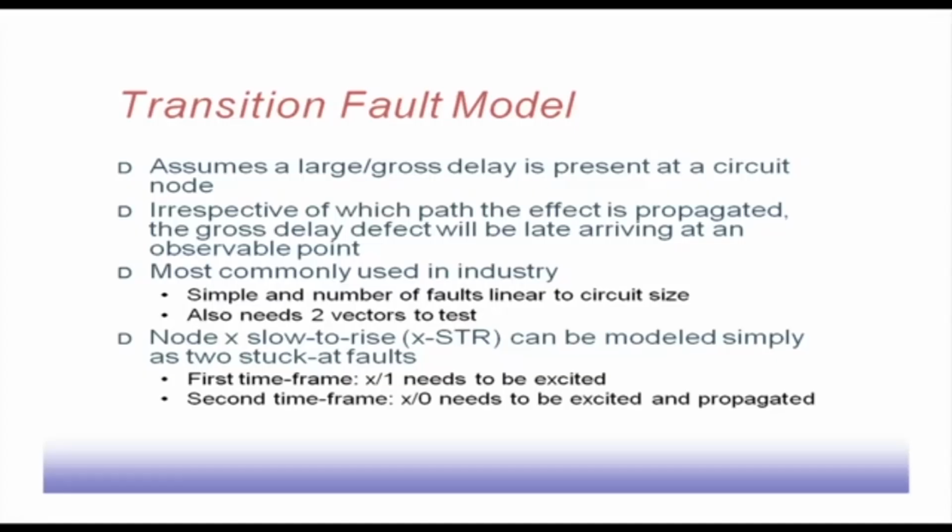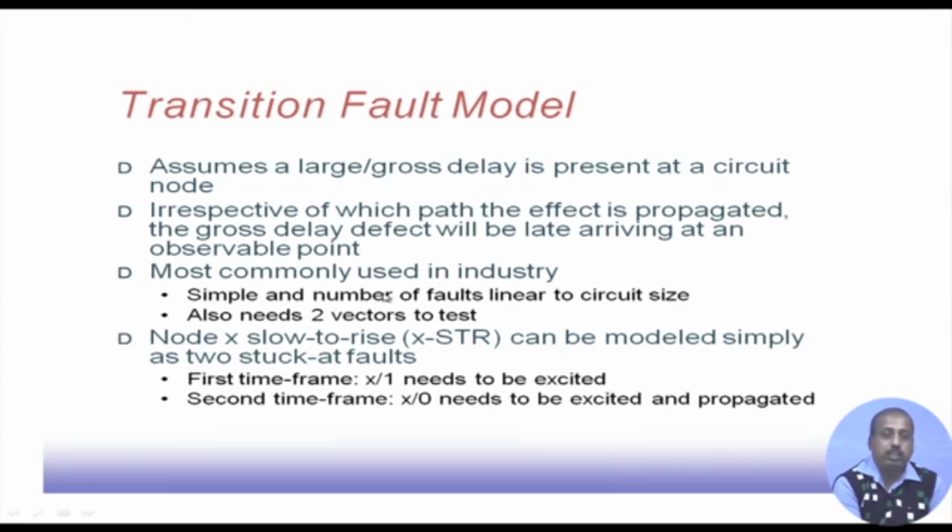So, whatever effect comes is basically due to the large delay present at that particular node. Irrespective of which path the effect is propagated, the gross delayed effect will arrive late at an observable point.